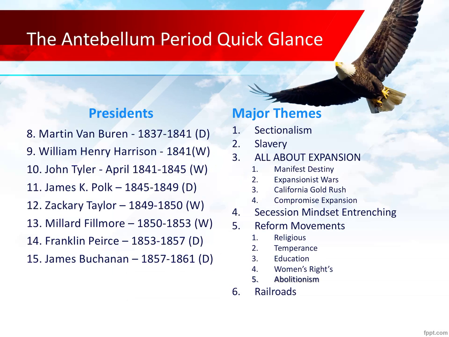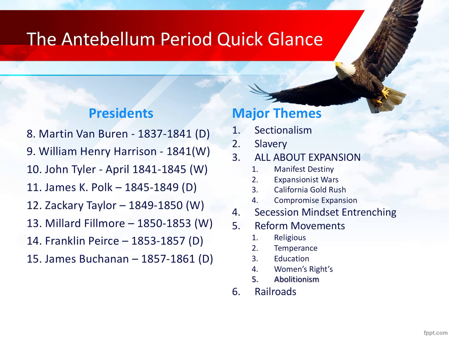Then he dies. And then he's replaced by Millard Fillmore, who fills the gap for the rest of that term. The Democrats will serve the time periods in between. So if you just look at W's and D's, it looks like the Whigs and Democrats have the same number of presidents during this time period. But if you look at the years, the Democrats are definitely dominating the period politically.